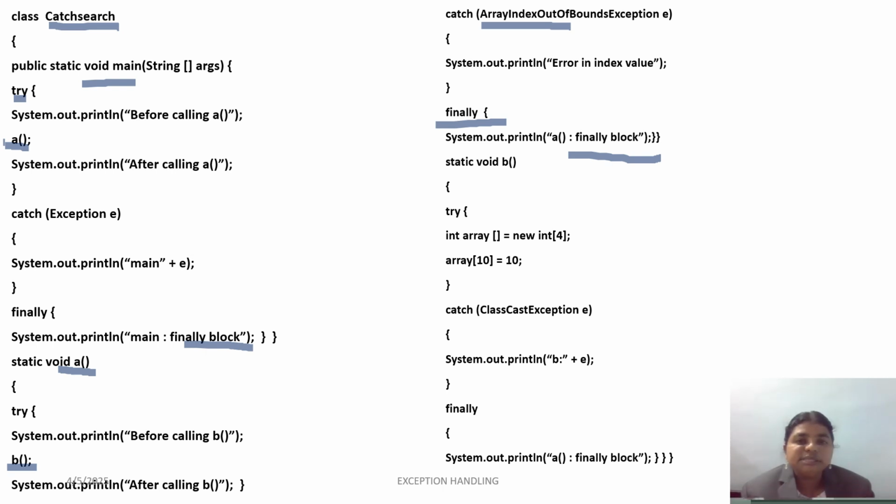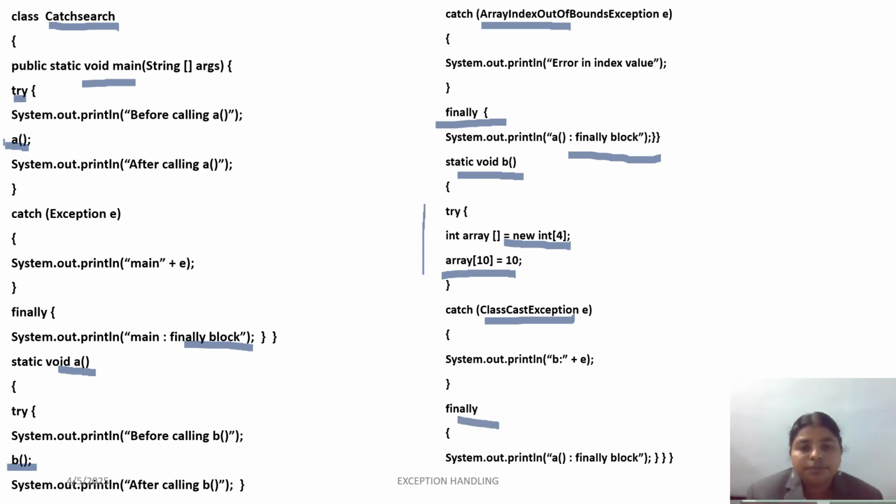Below mentioned is the definition of method B. Within the try block we can notice an array with values mentioned, and we also have a catch block to indicate class cast exception, and we also have a finally block inside this method.